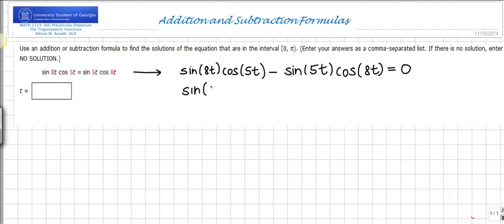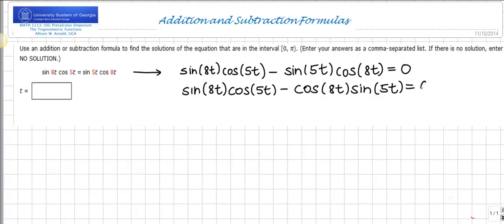Notice if I write the formula sine of 8t cosine of 5t minus sine of 5t cosine of 8t in the following order, sine of 8t cosine of 5t minus cosine of 8t sine of 5t, since multiplication is commutative, equals 0, then I will have the traditional sine, cosine, cosine, sine pattern that follows with the sine subtraction formula.